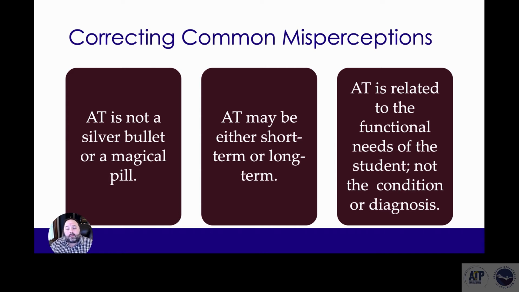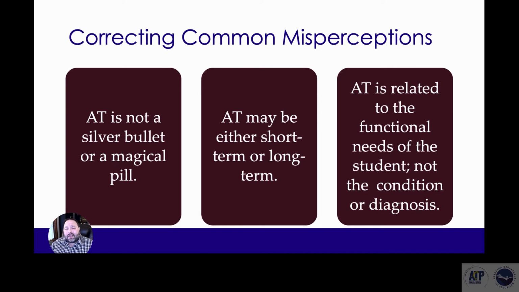And the final area where there tends to be a huge misperception is that assistive technology is really related to the functional needs of the student, not the condition or the diagnosis.